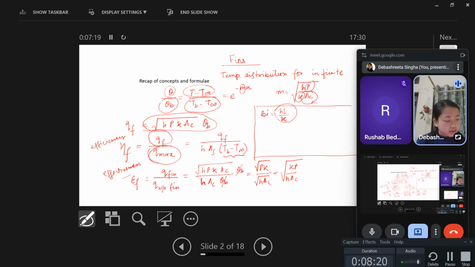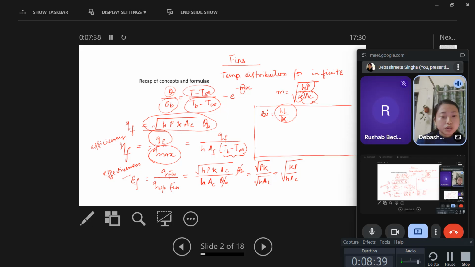So why is this number defined? It is because, when can you consider a lumped model? When the object is very small and the temperature is uniform throughout the object, then you can consider it as a lumped model.